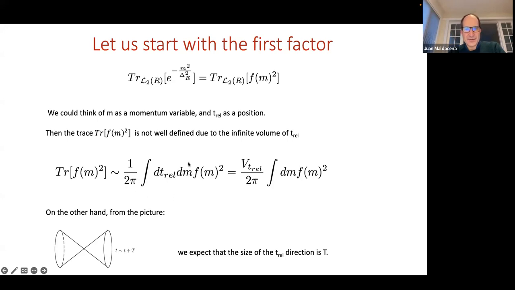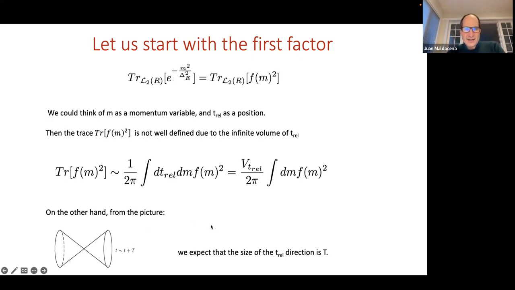So this is a good, well-defined normalization, times whatever function we had here. That was the Gaussian function, the square of the window function. The integral over m is perfectly well defined, since this function was normalizable. The problem is the integral over the relative time, which will give us some kind of volume of the relative time, and that will be infinite.